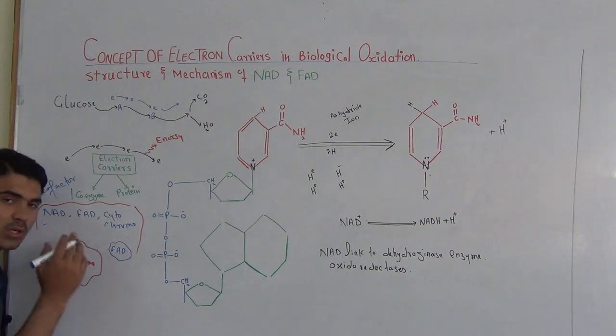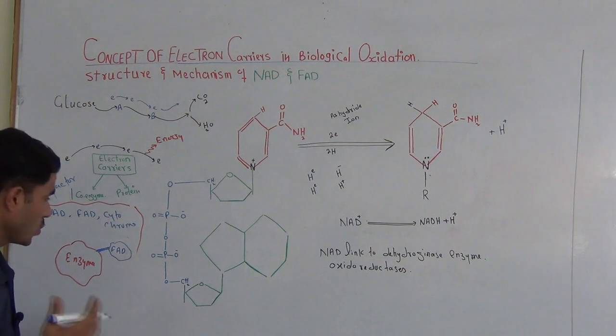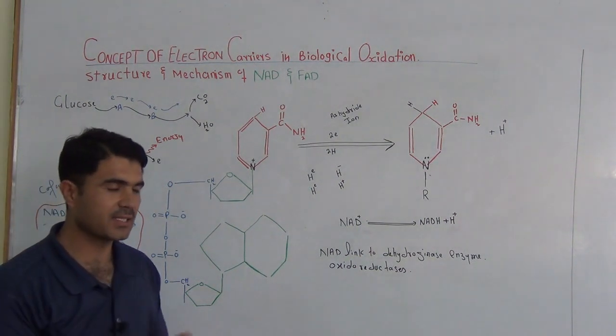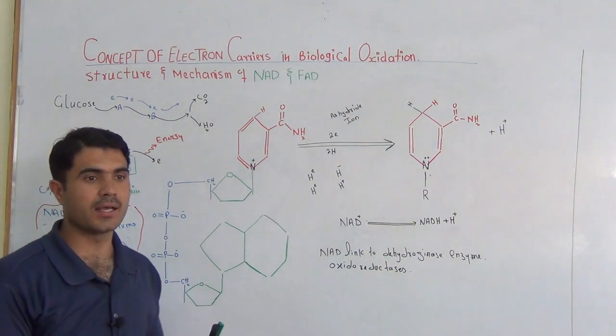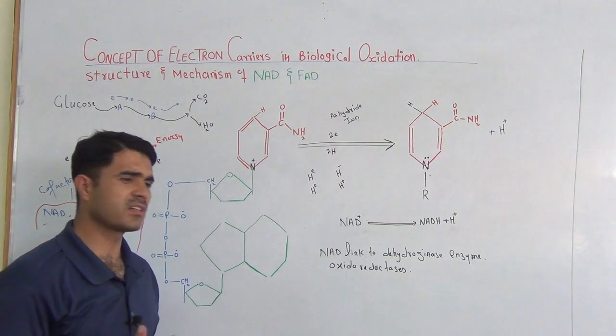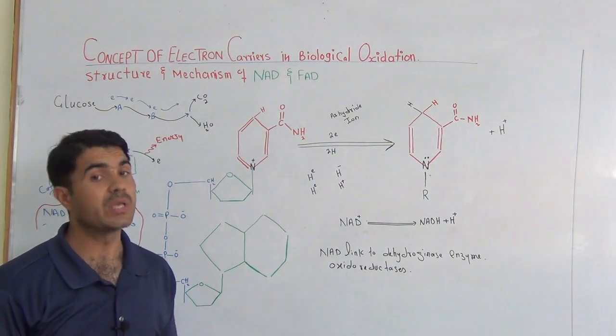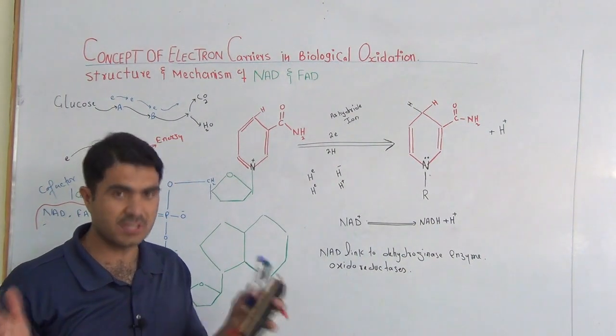FAD is not loosely attached, but it is strongly attached to the enzyme. So those which are strongly attached and do not leave the surface of the enzyme are better called prosthetic groups. However, in some books both of these categories are given the name coenzyme, but there must be a difference between a coenzyme and a prosthetic group.